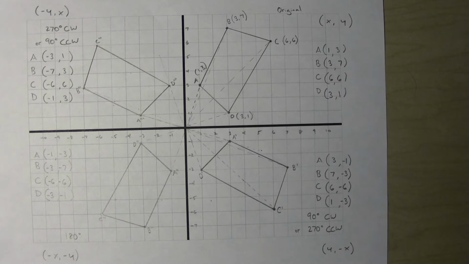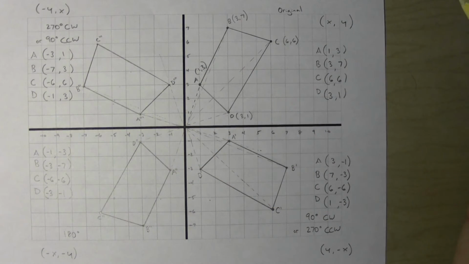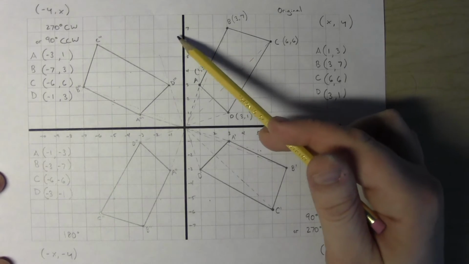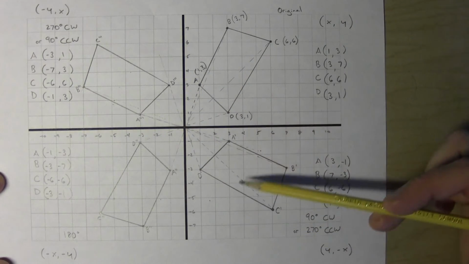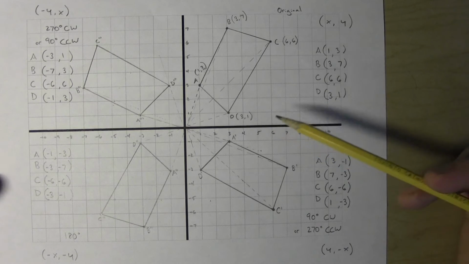I recommend always doing the 90 degree turn. If it gives you a 270 degree turn clockwise, make that a 90 degree turn counterclockwise. If it gives you a 270 degree turn counterclockwise, I would just make that a 90 degree turn clockwise.